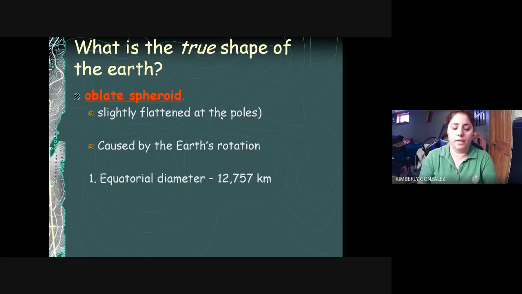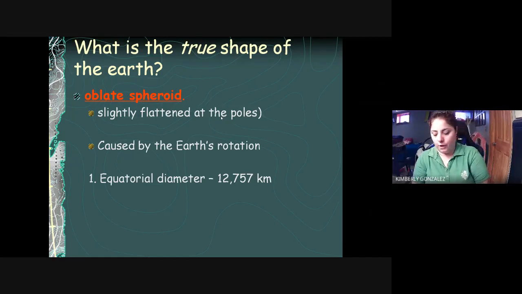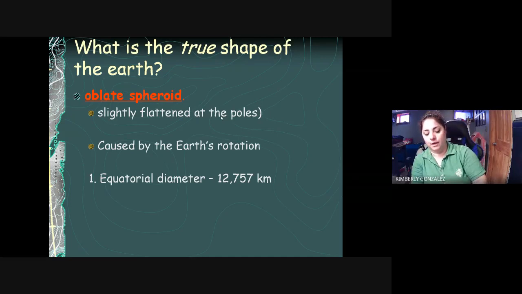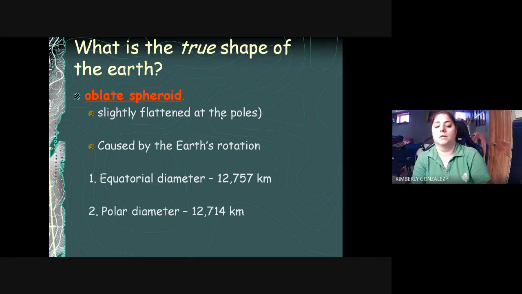So, to prove that we're actually an oblate spheroid, the diameter at the equator, so right down the middle of the Earth, if you're standing in one place on the equator and you go all the way around the Earth to the other side of the equator, is about 12,757 kilometers. But if I go from one pole down to the other and back around, the polar diameter is 12,714 kilometers.